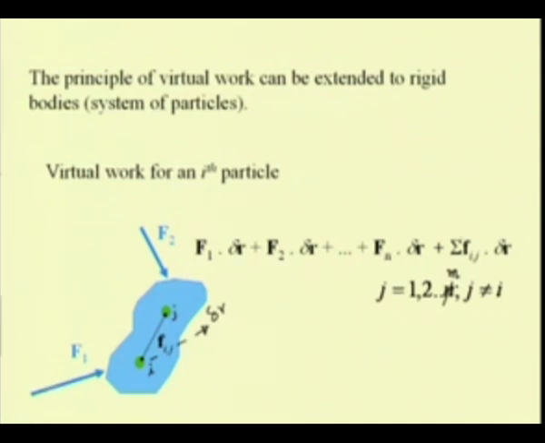So, we take all those forces; this term sigma Fij represents the sum of all the internal forces acting on that particle i, the resultant of all such forces. So, the resultant of all the internal forces times the virtual displacement delta r.